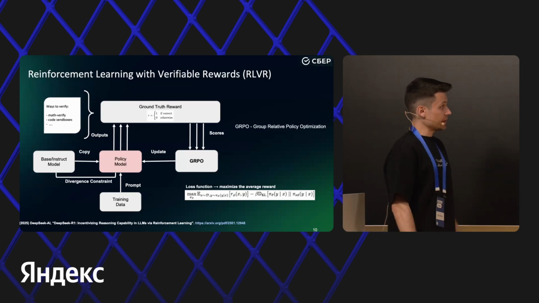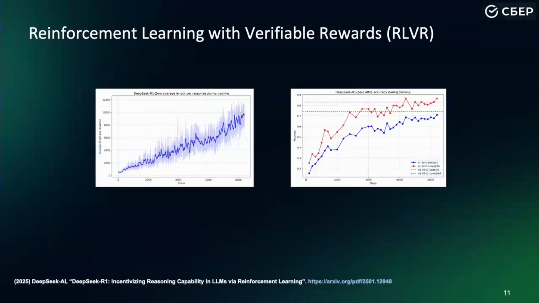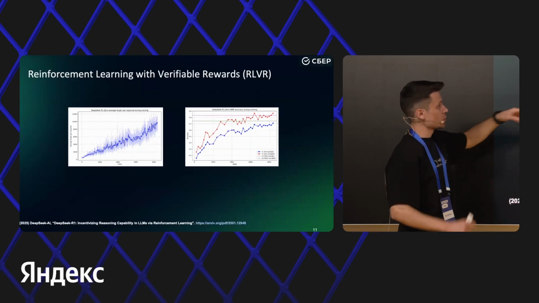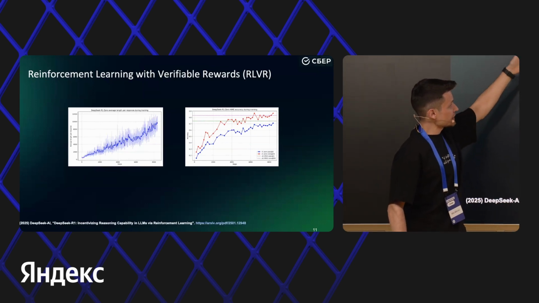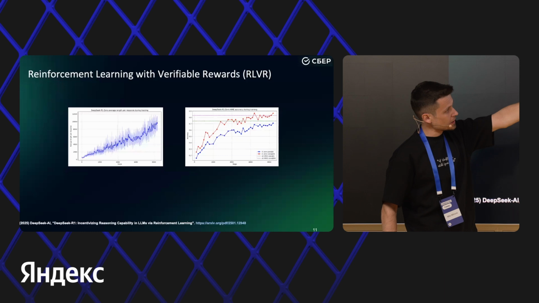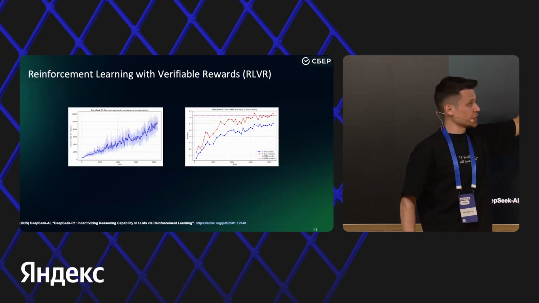It's all that they did to improve, but it shows very impressive results. They show that by increasing the number of iterations, the length of the outputs, meaning the number of tokens in the outputs, also increases. And by increasing the length of outputs, you can see on this graph that the accuracy of solving complex tasks also increases.